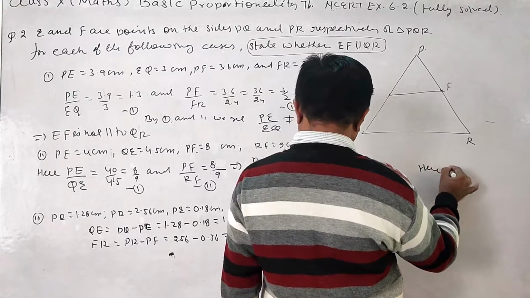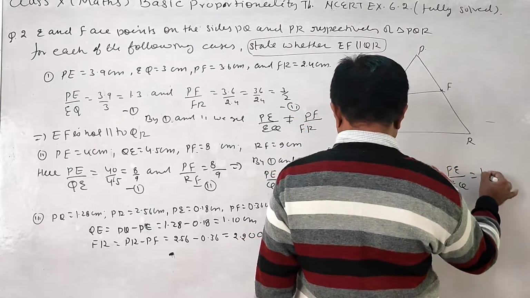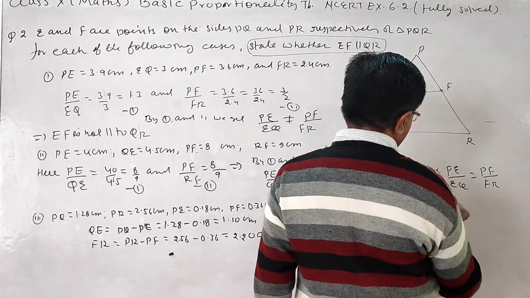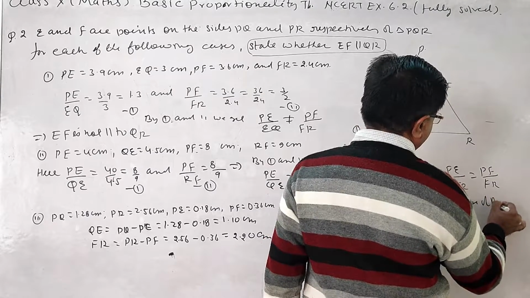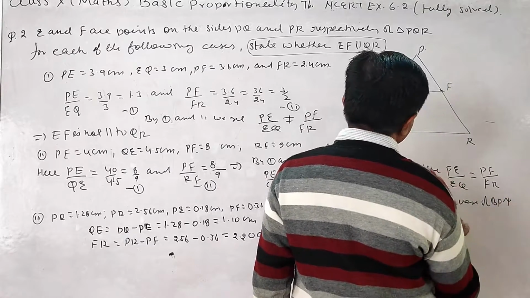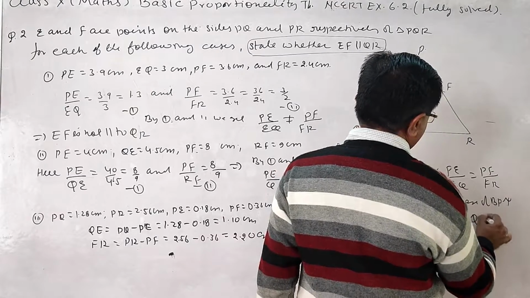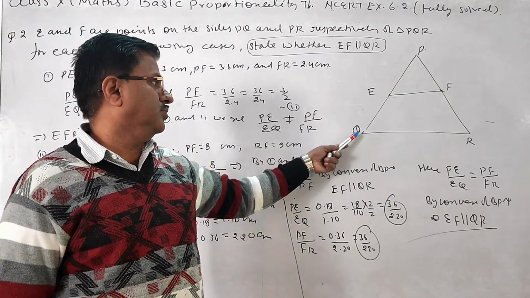So what result do we get here? In the third case, PE upon EQ is equal to PF upon FR. So again by converse of BPT, side EF is parallel to QR. So dear student, in this way we can check.